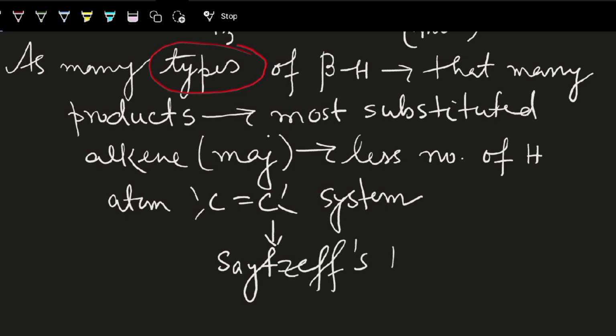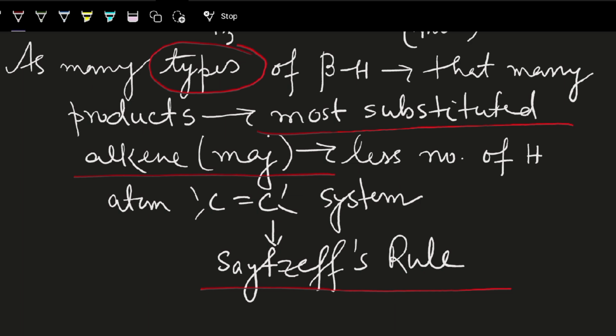Some of the books may give you the term Saytzeff, so you can use either of them. So, as per Saytzeff's rule, the most substituted alkene is the major product. This is the rule which I have marked.